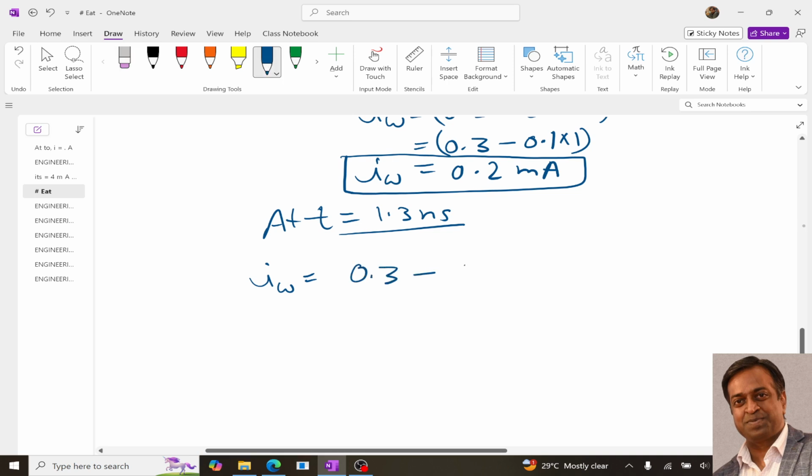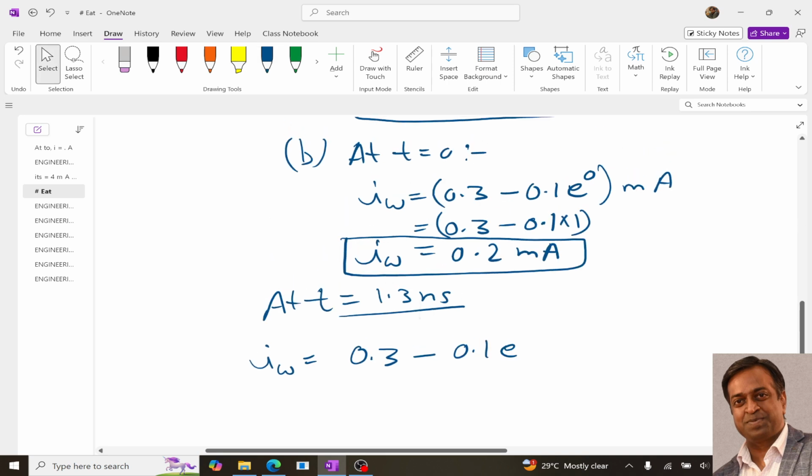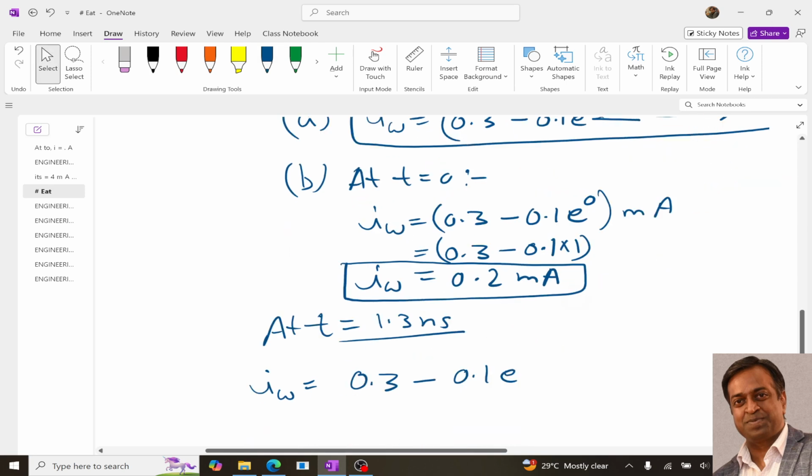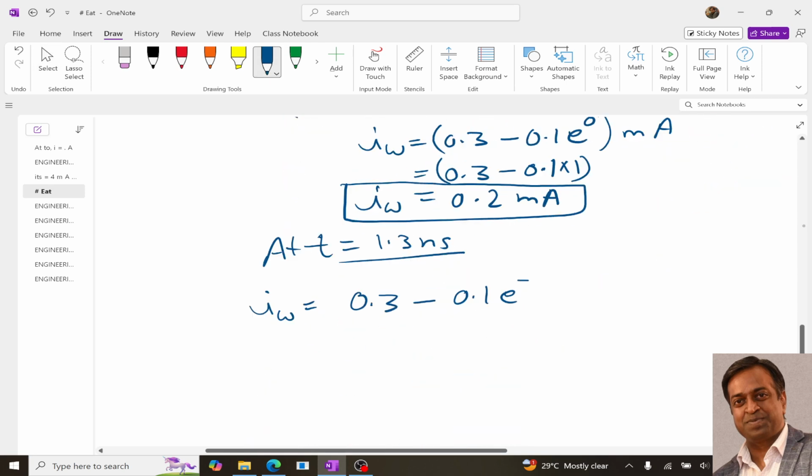minus 0.1 e power minus 0.5 into 10 power 9 t. Now the t is 1.3, which means 1.3 into 10 power minus 9.